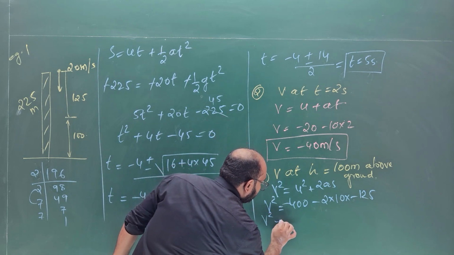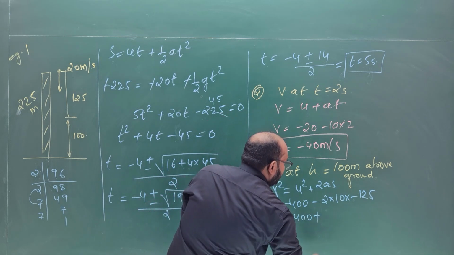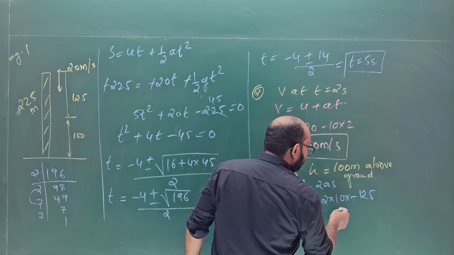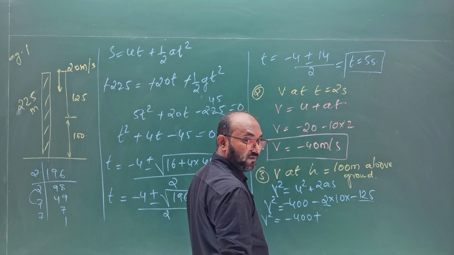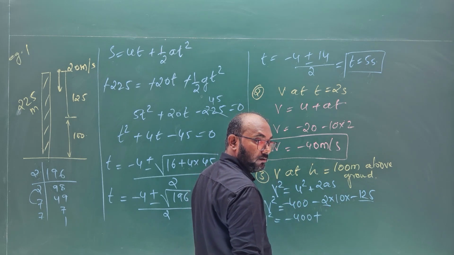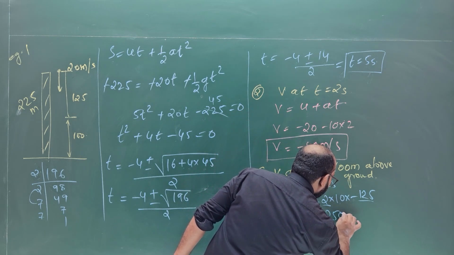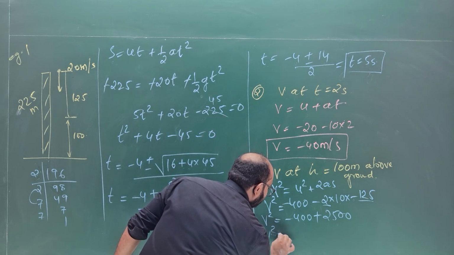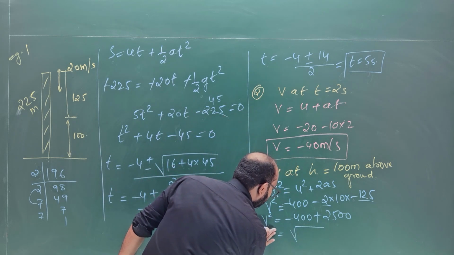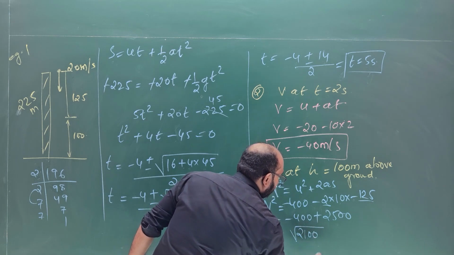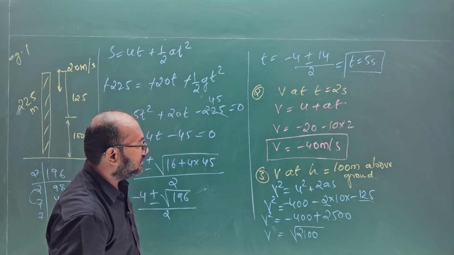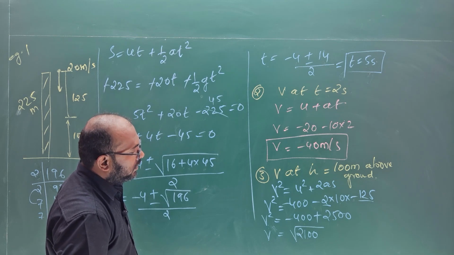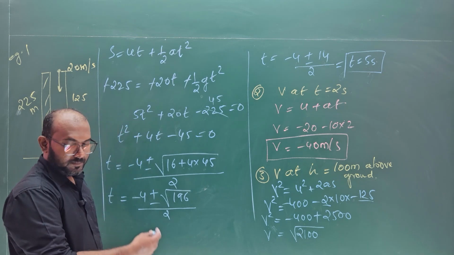So v square is equal to minus 400 plus 2500, which becomes 2100. So v is equal to the root of 2100, and the answer will be 10 root 21.